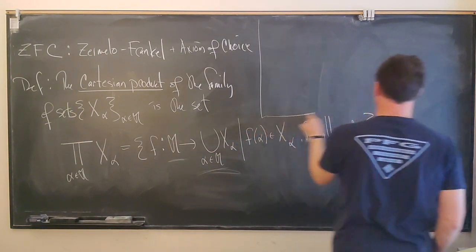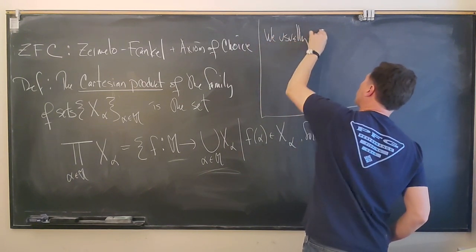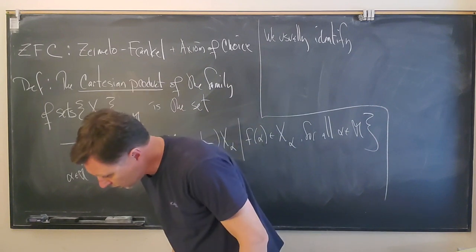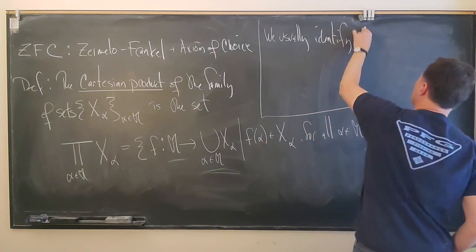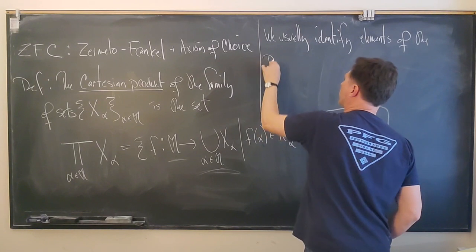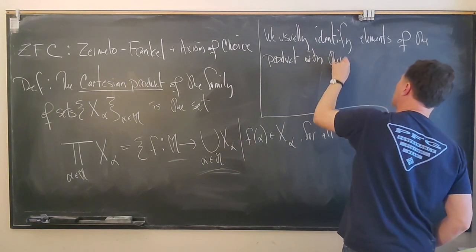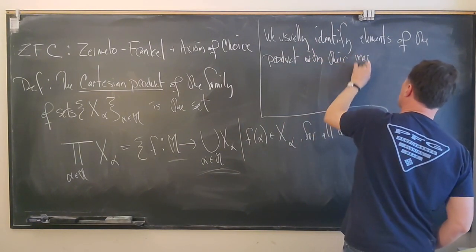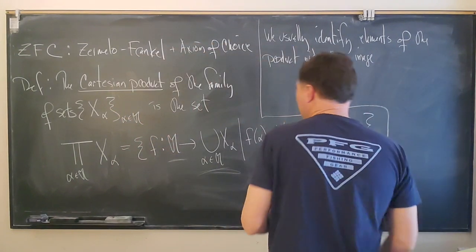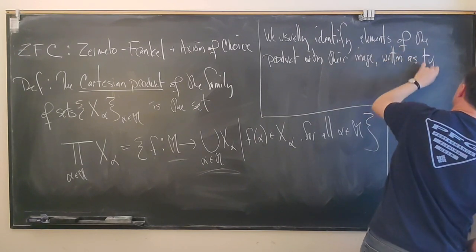We usually identify elements of the Cartesian product with their image, with their collection of outputs, and we typically write it as tuples.